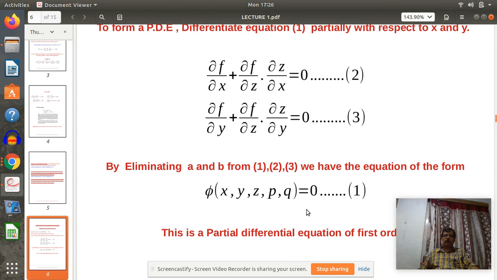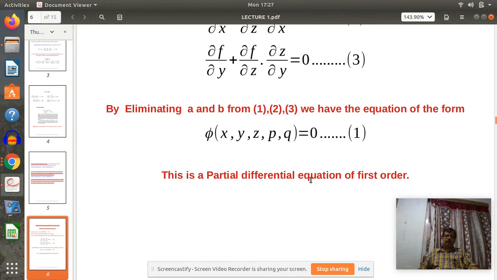In the resulting equation, we have only x, y, z, p, q, because a and b are eliminated. So it is an equation of the format f of x, y, z, p, q equal to 0. That is the required partial differential equation, and it is a partial differential equation of first order.